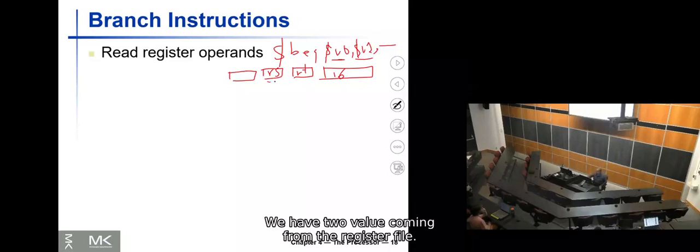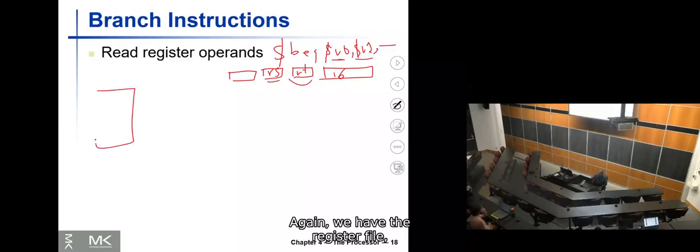We have 2 values coming from the register file. Again, we have the register file, the instruction coming from the instruction memory, 5 bits go here, 5 bits go here, which would be V0 and V1 in our case. V0 and V1 addresses coming here.